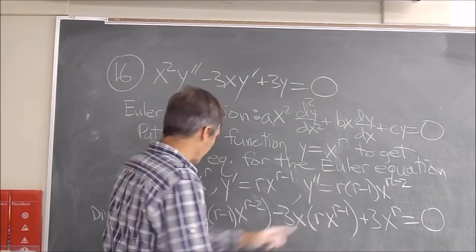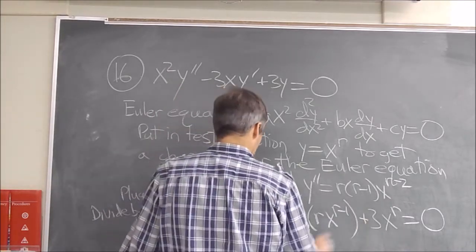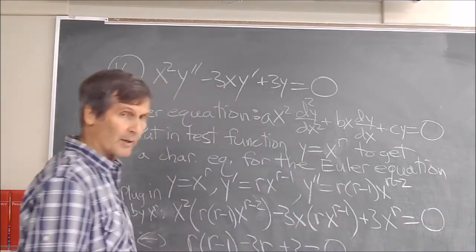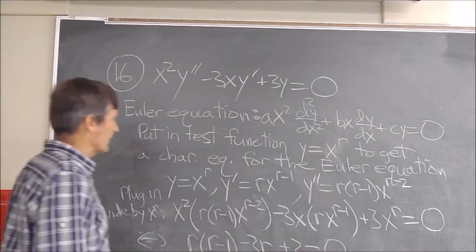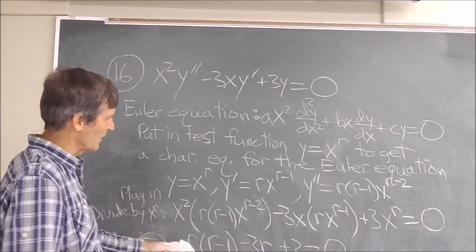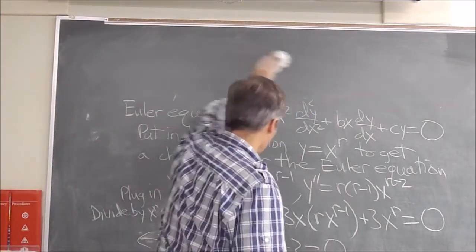Divide through by that, I'm left with minus 3r. And then plus over here, divide by x to the r, I'm left with plus 3 equals 0. This is the characteristic equation for the Euler equation. If you were to make the substitution of variables, you can get a constant coefficients equation in a substitute variable, and this would be its characteristic equation for the constant coefficients case.